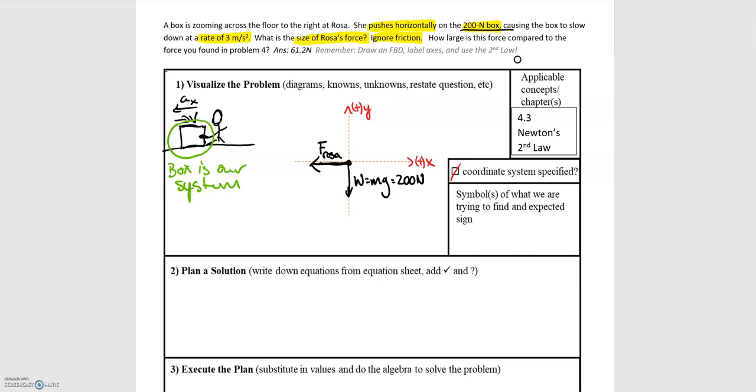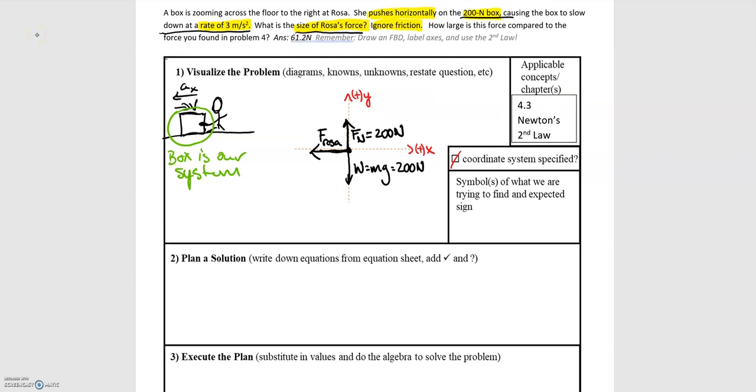That force is the normal force, and it's going to be of equal magnitude to the weight force, and that normal force is being applied by the ground. The weight force is pulling down as a result of gravity, and then the floor is pushing upwards on the box, balancing out that weight force so that there's no acceleration in the y direction.